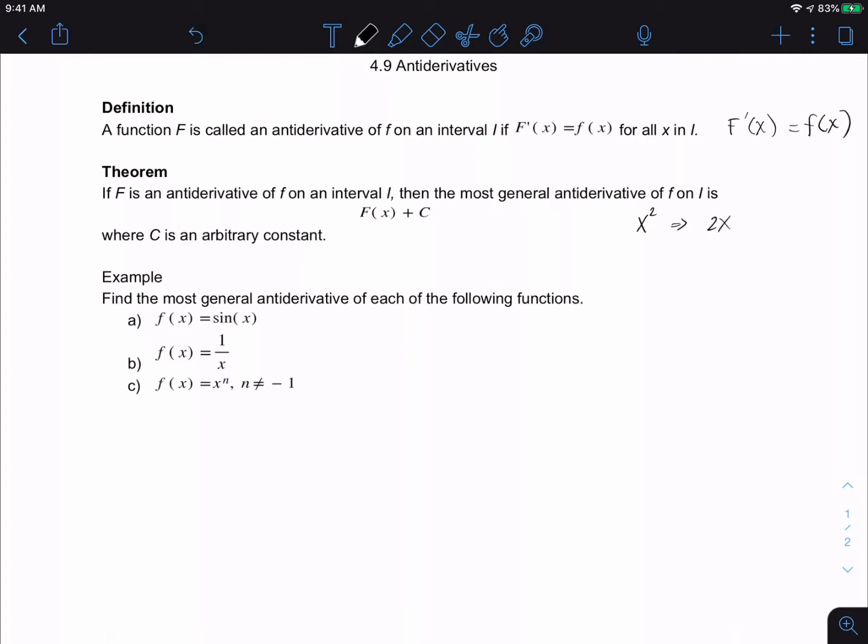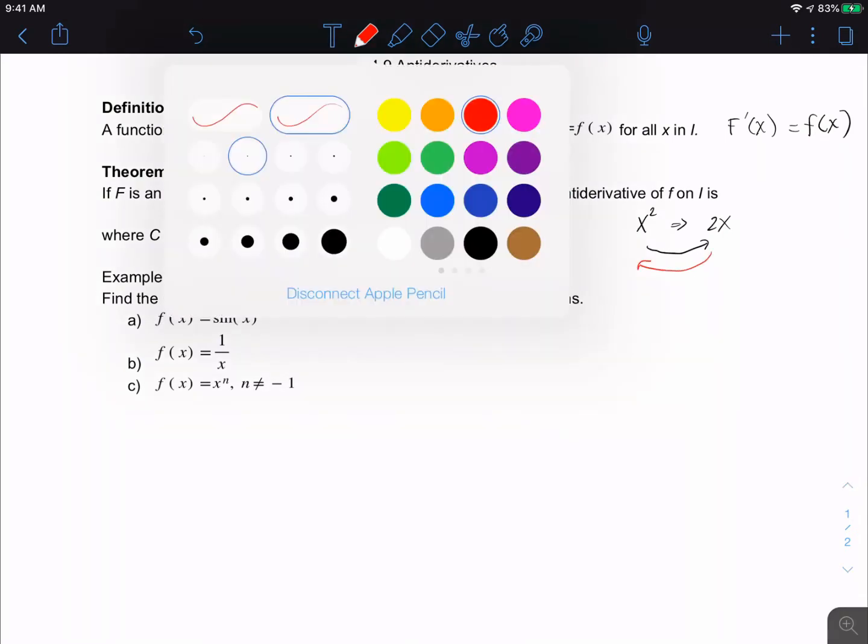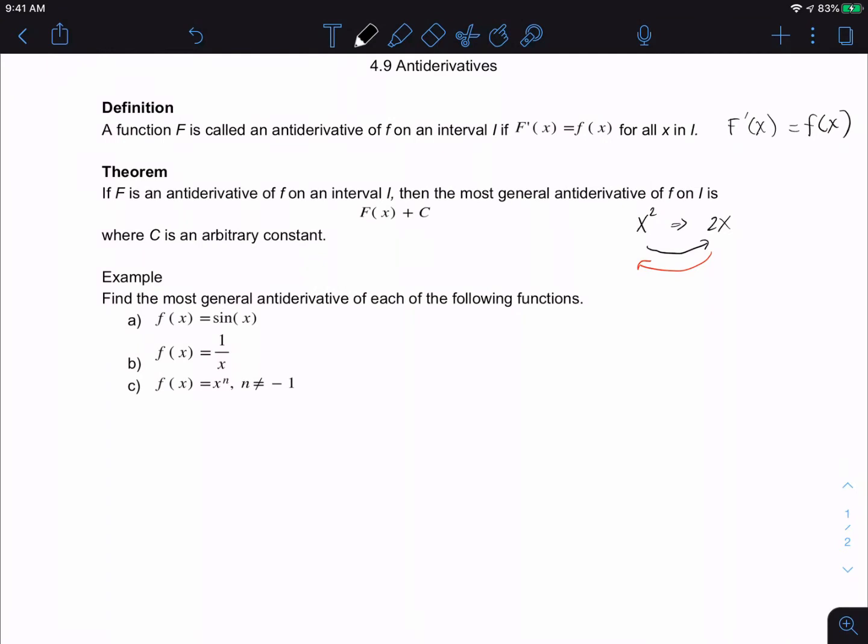Does that make sense? We remember that. But that was going from a given function and taking its derivative to get some new function. With the antiderivative, instead of going this way, we're now going the other way. When we go back, I need to find something that's going to be equal to 2x when I take its derivative.